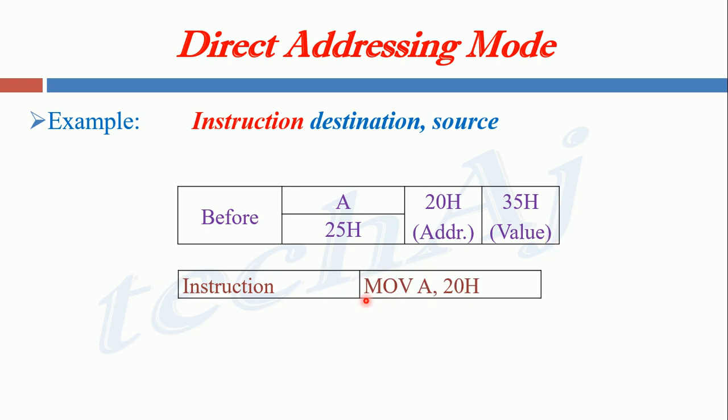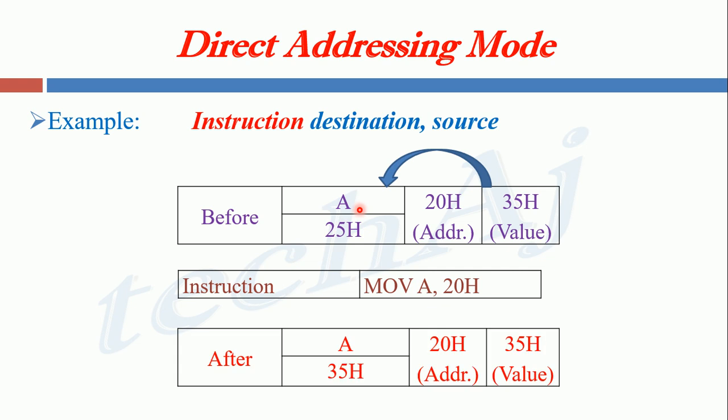If we take the instruction MOV A, 20H, the accumulator is the destination operand and 20H is the source operand. After execution, the value from this direct memory address will be copied into the accumulator. Since this address has the value 35H, the accumulator will get the value 35H.